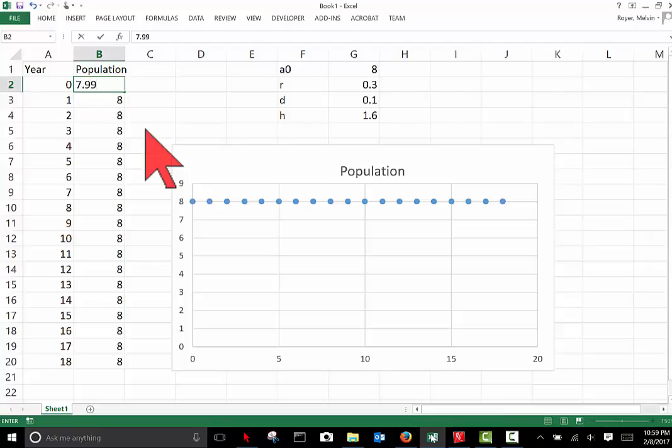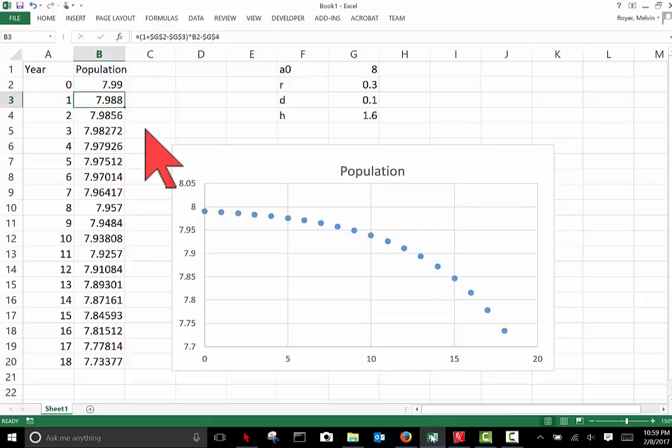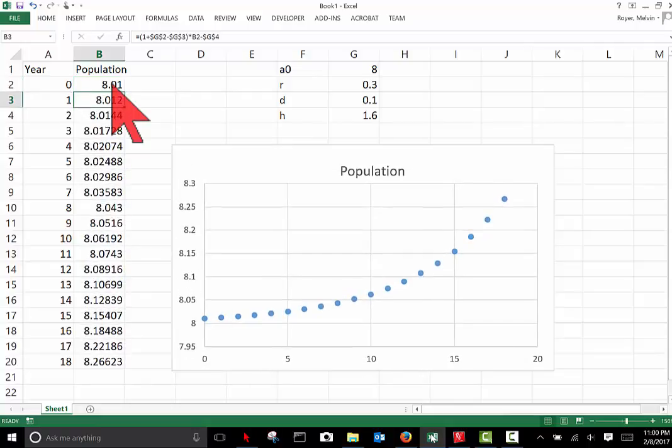And so will the population still stabilize at 8 if I do this? And the answer is no. It is starting to go down, and if I carried this farther, I'd find out that the population went extinct. I just don't have quite enough deer to stabilize. And what if I have a little bit too many? Will it stabilize? And the answer is no, I'm going to grow, and I would keep growing toward infinity.